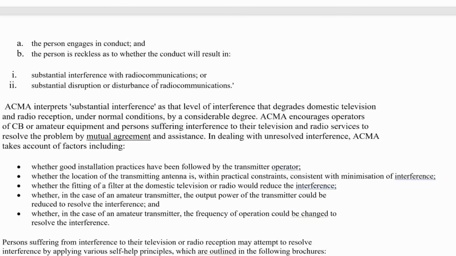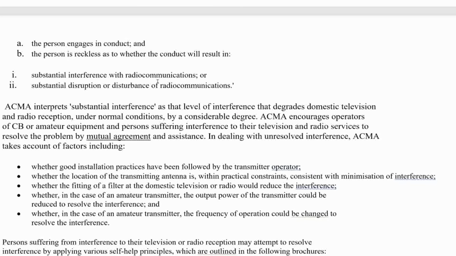It just means that amateur stations must shut down if they are the source of interference to another licensed radio communication service. That doesn't put any blame on you. It just means that needs to be investigated by ACMA to resolve the problem before you can continue to operate. Now, that doesn't apply to a television, a clock radio, a sound system, or anything else.